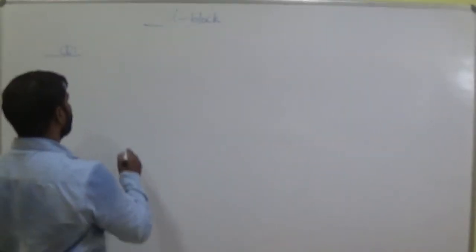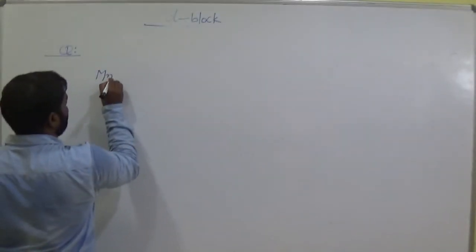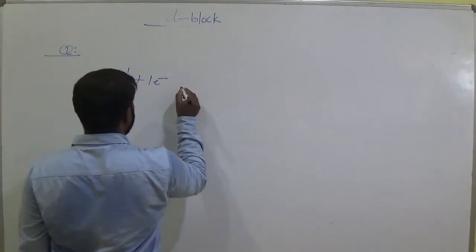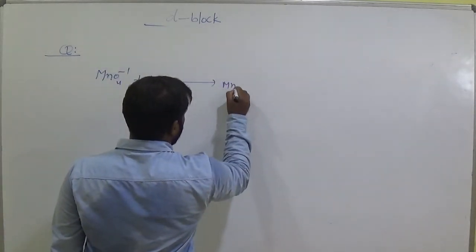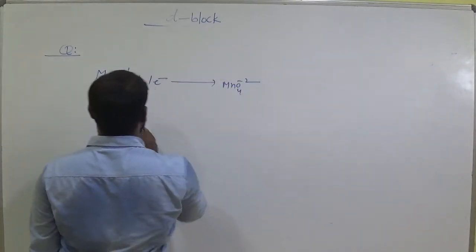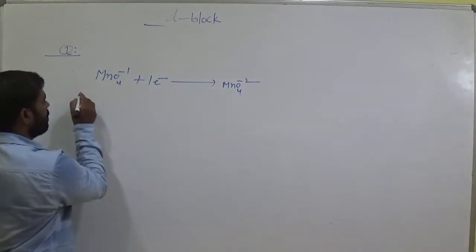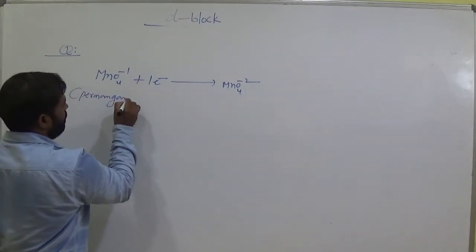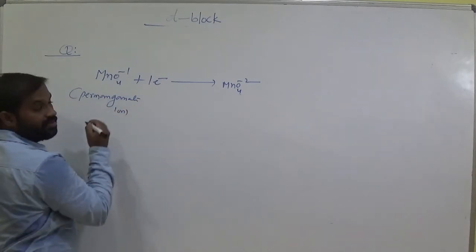And let's see, MnO4 minus, when it gains 1 electron, it becomes MnO4 2 minus. This is permanganate ion. Permanganate ion. What about this one?